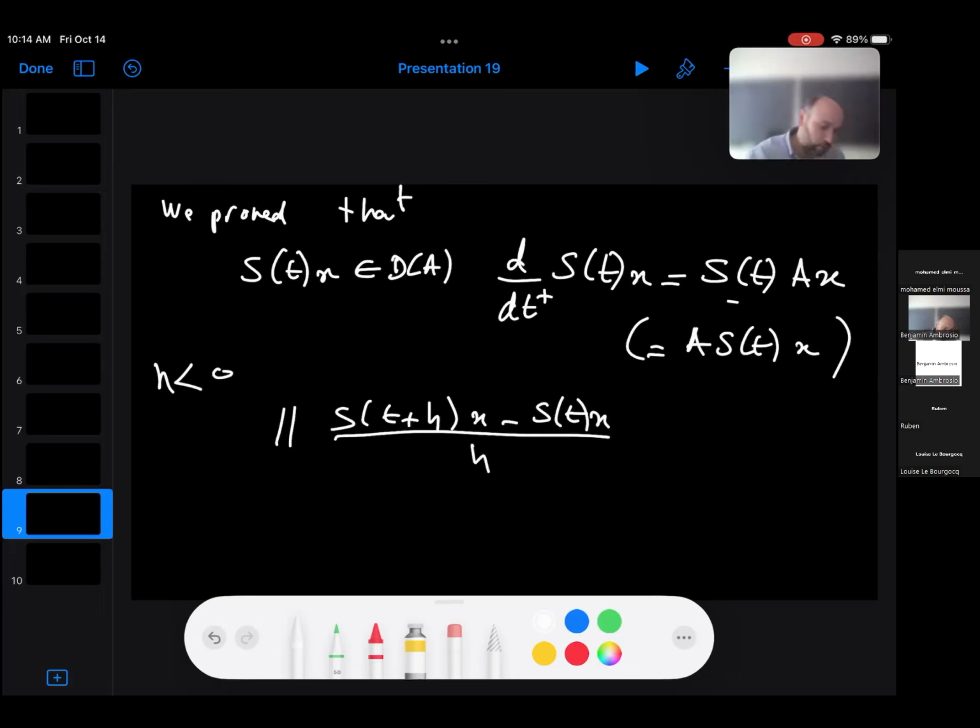So I want to prove that this quantity is equal to S_t of Ax. All right. So since h is negative, I will do that.